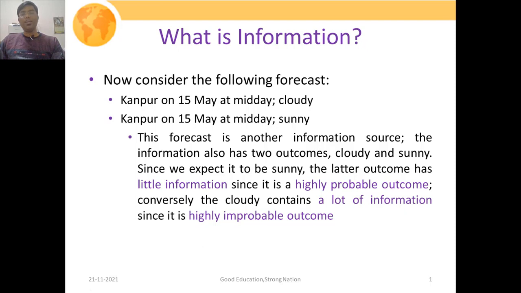Conversely, cloudy contains lots of information since it is a highly improbable outcome. Generally we face sunny or very hot weather in May, so cloudy is a very improbable outcome, and obviously lots of information would be associated with it.